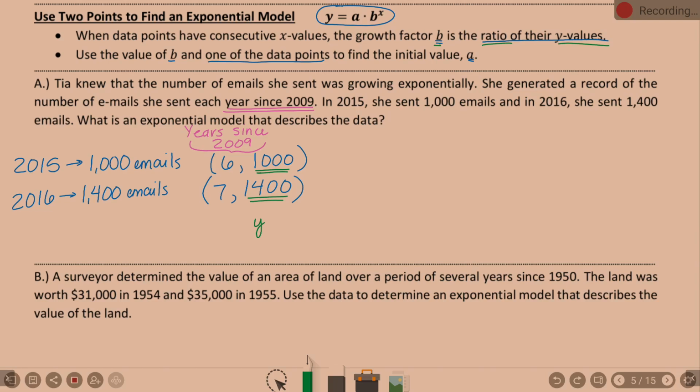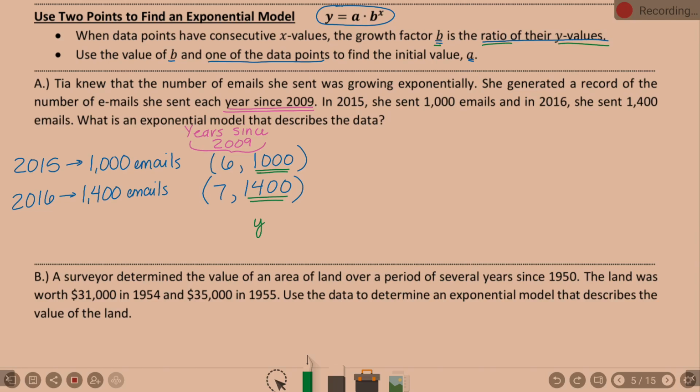We're going to do 1,400 over 1,000. It's not necessarily bigger Y value over smaller Y value, but it's in terms of comparing it with the X values.